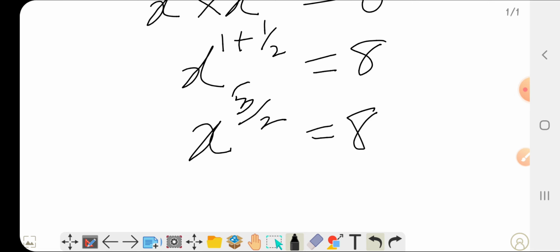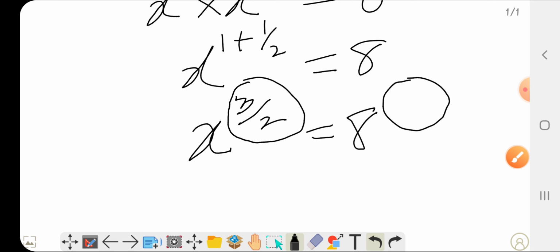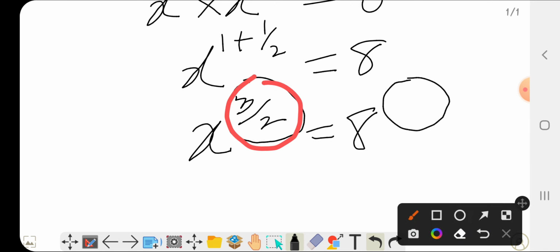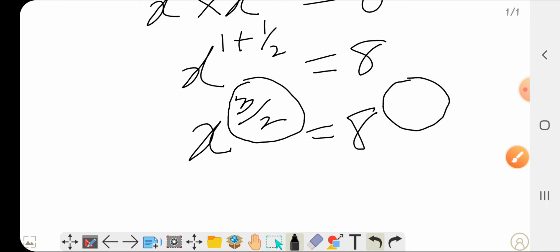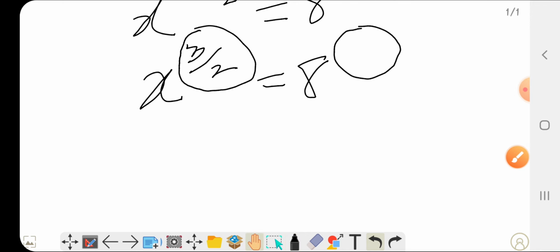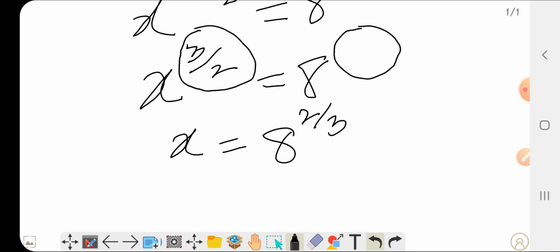The power of this x will leave and become a power for 8. But if the power for x is leaving to become a power for 8, it's going to invert and become 2 over 3. So x will now be free, equals 8 raised to the power 2 over 3. The power will invert when it goes over to the other side.